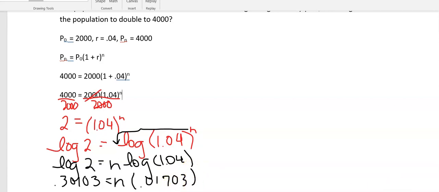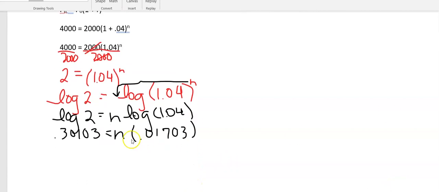All right, now let's notice now that we've just got a number times n, and to get rid of a number that's being multiplied times our variable, we just divide it out. So let's divide out the 0.01703 on both sides.